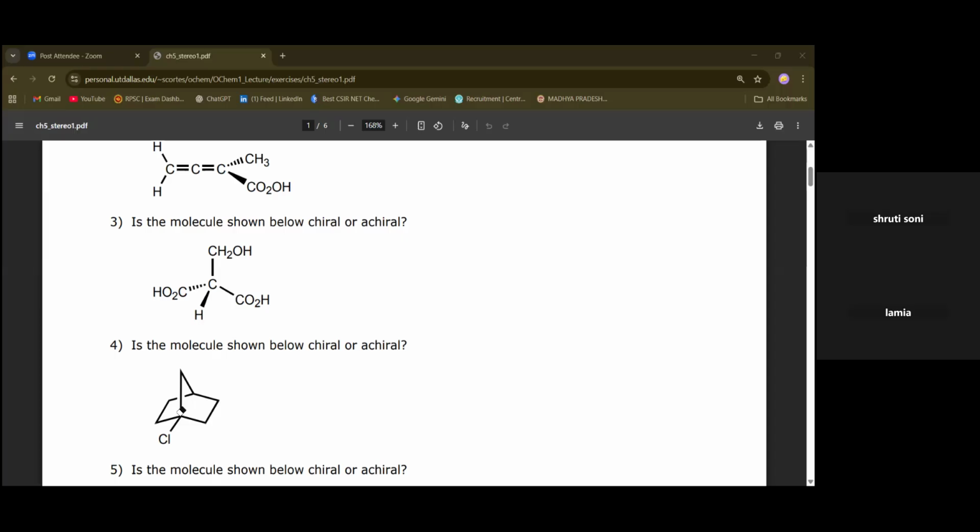Is it achiral? How? I don't know which carbon to look at. Is it the one that's connected to Cl? Yes.